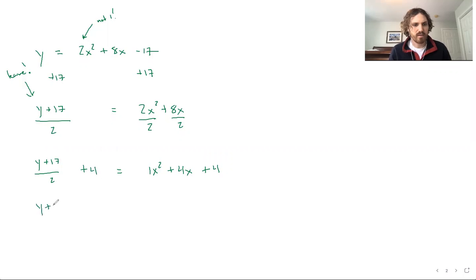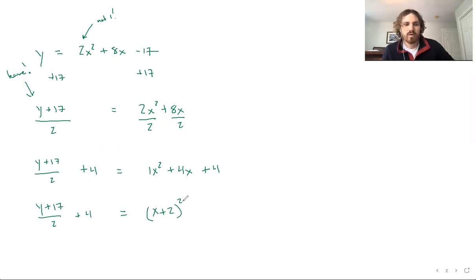Now I've got y plus 17 over 2 plus 4 is equal to x plus 2 all squared, right? Because x squared plus 4x plus 4, I know this is a perfect square trinomial, PS trinomial, and it will factor to a binomial squared where this value 2 is half of 4 and also the square root of 4.